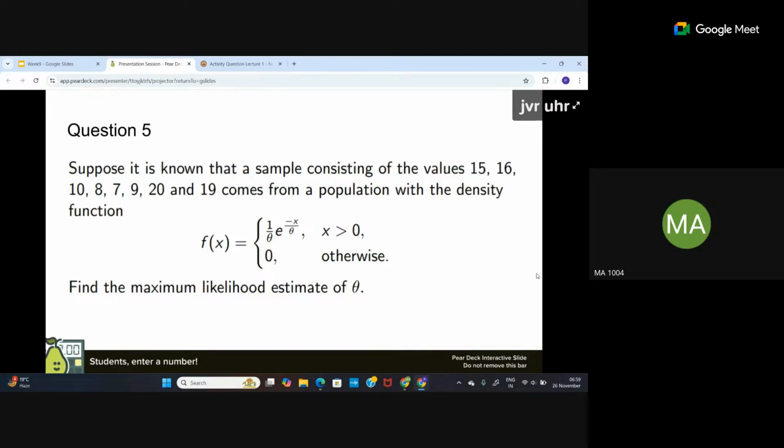Yeah, what is the answer? Have you all done this? No, I'm still doing it. Okay.